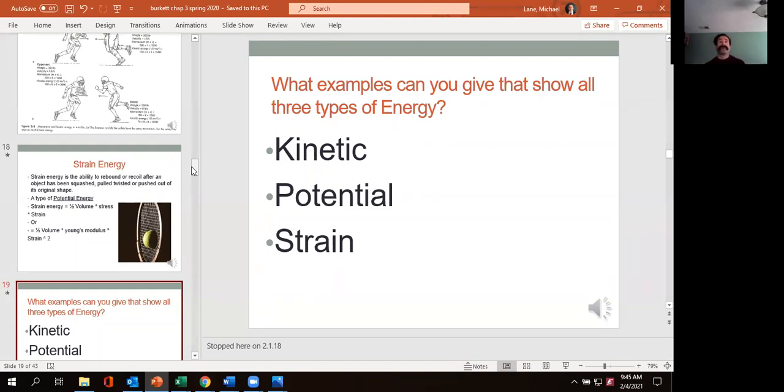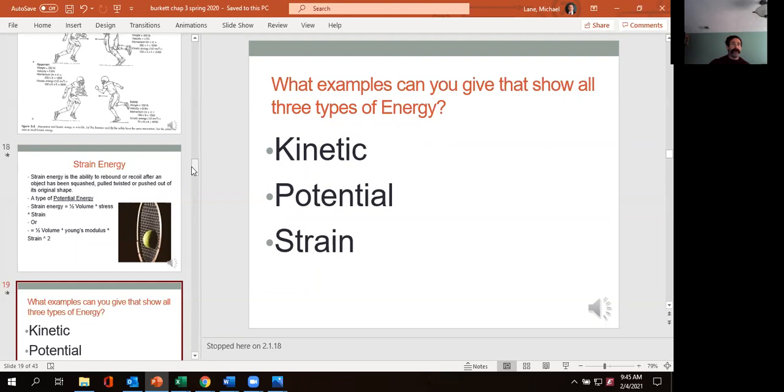Yes, great job, Kristen. Trampolining, awesome. So you're converting back and forth between two. Now, raising a hammer is going to be more potential energy and kinetic energy. Strain energy, if you're hitting it hard enough that you're actually putting a bend in the object, in the hammer shaft itself, that's intense.